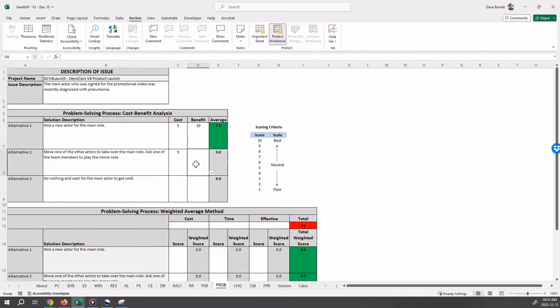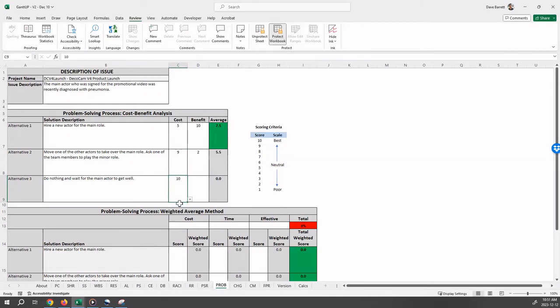but the benefit is lower because we have a very inexperienced person playing the minor role. Our team member might not. It really could affect the quality of the video. The do nothing approach, the cost we felt here is best.